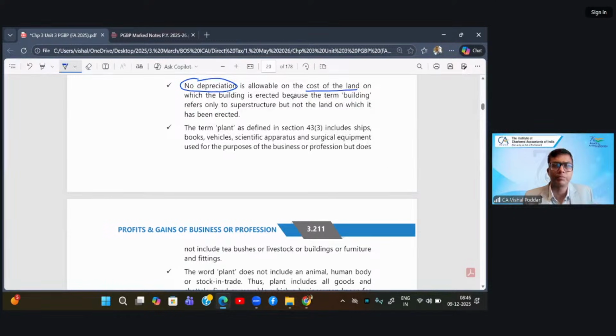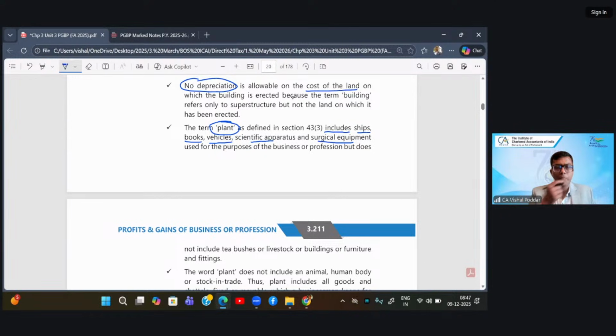Correct. Next interesting point. You have depreciation for plant. But in income tax, plant is very specifically defined. Now you will be slightly amazed to see what the income tax law includes in plant. It says plant includes even ships, even books, even your vehicles, even a scientific apparatus which you may have bought for some research and such purposes, even surgical equipments.